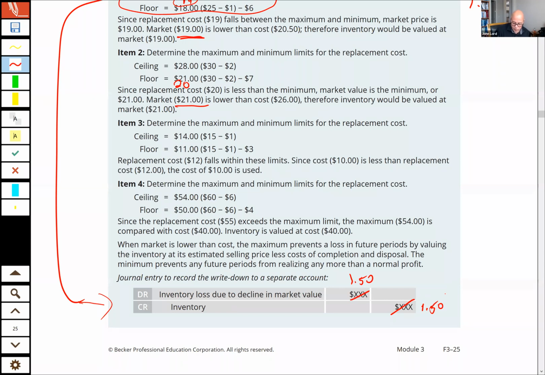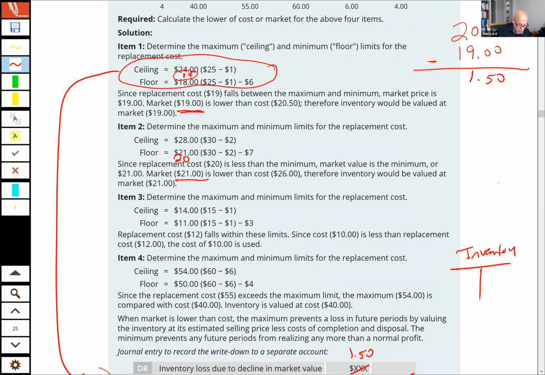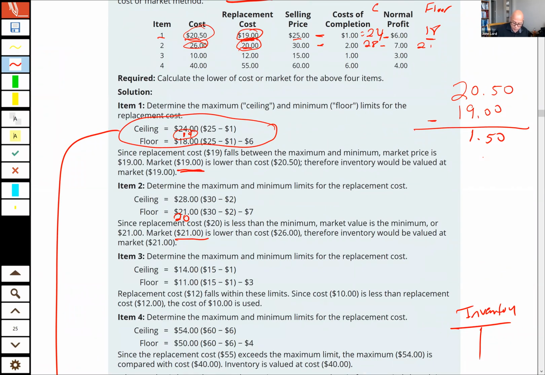I'm assuming, I don't know if that was on a per unit basis or what, but if they only had one unit, then they would write it down like that, right? Is that the write down? So you put the difference. Yeah, look, this inventory, if it's being carried at cost, the inventory was being carried at 2050.